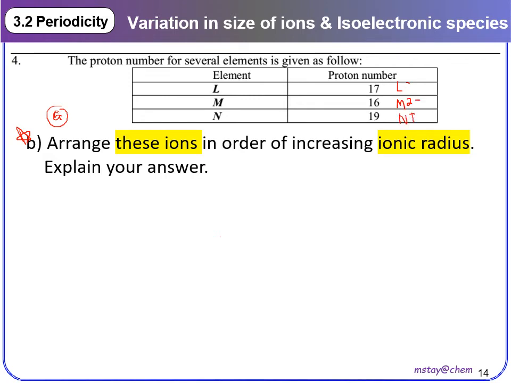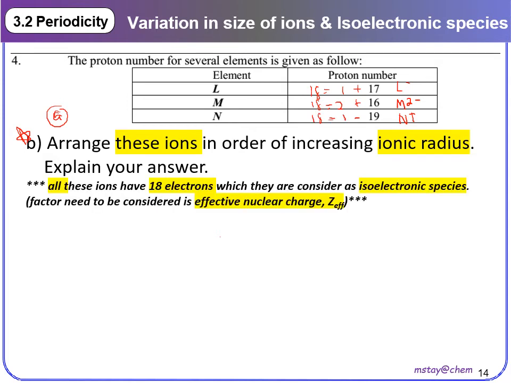So 17 gains 1 electron, so we have 18 electrons. 16 gains 2 electrons, 18 electrons. Element 9, N, donates 1 electron, so also has 18 electrons.